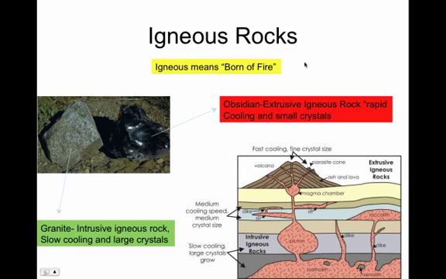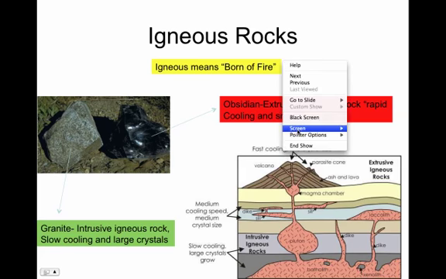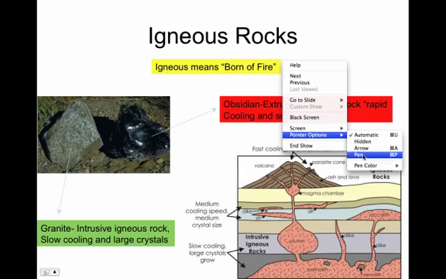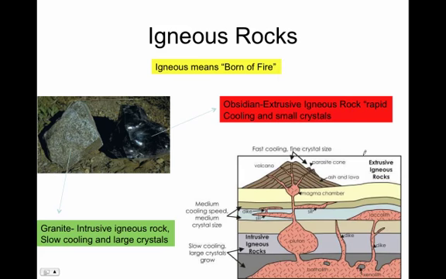Igneous literally means born of fire, and as I indicated a few minutes ago, it depends on how they're cooled. This is called obsidian. It's a type of igneous rock, and it cooled very rapidly, and it has almost no crystals.